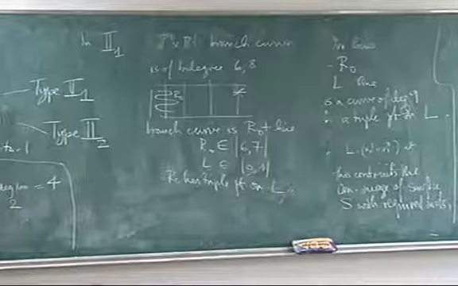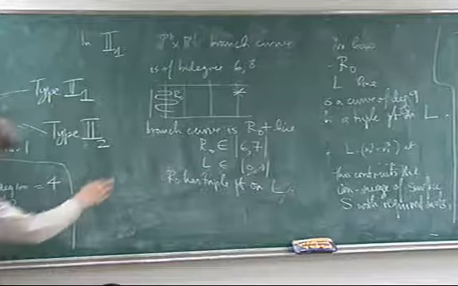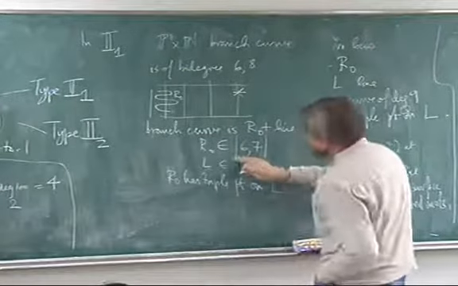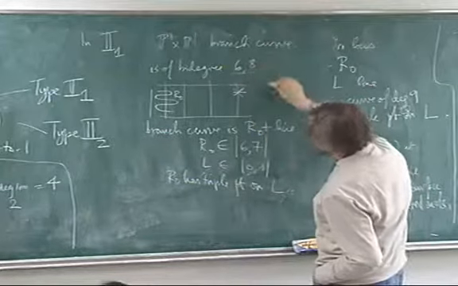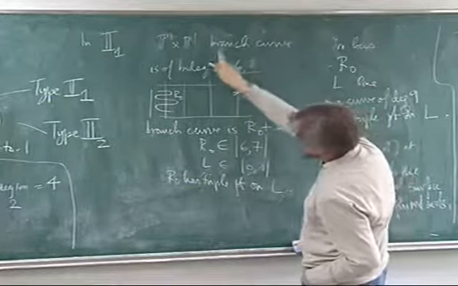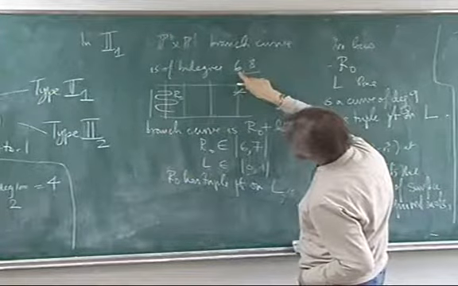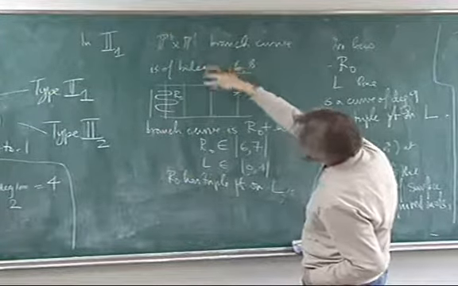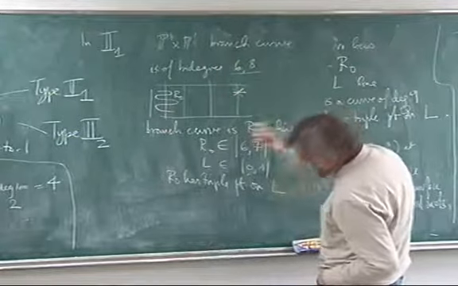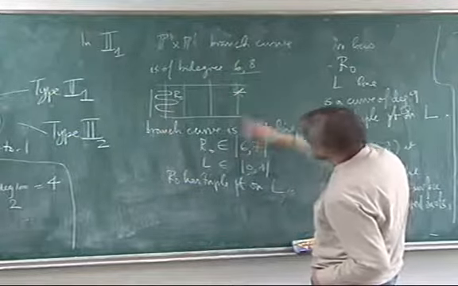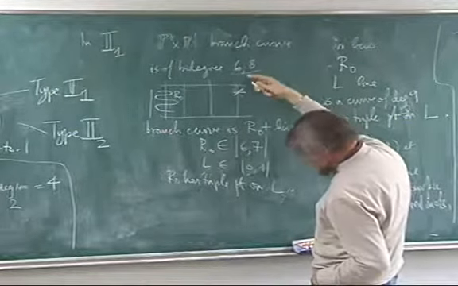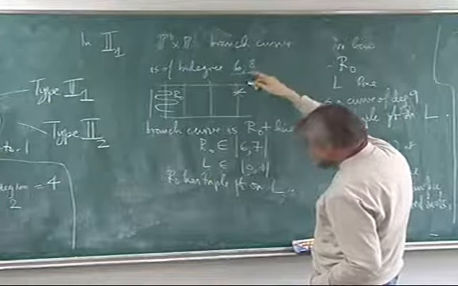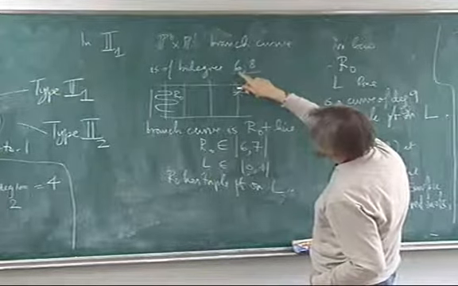Perhaps it's not surprising that you can make this construction, because I take P1 cross P1, I draw on it a curve of degree 6, 8, and then I take a double cover, and I ask, who is that in the classification of surfaces?